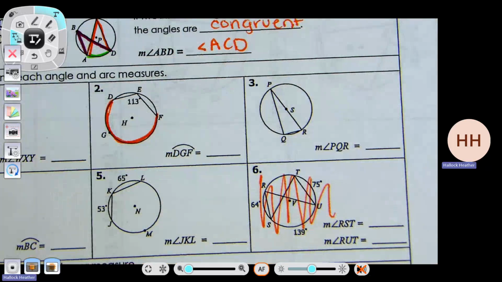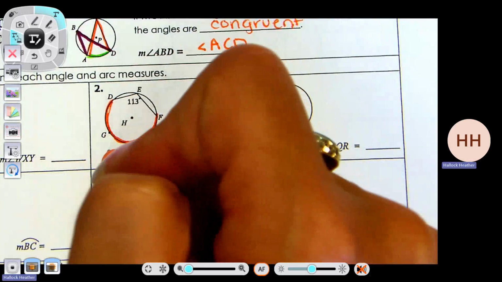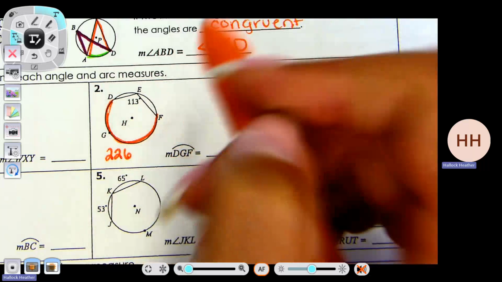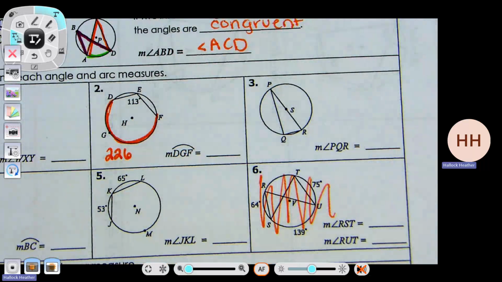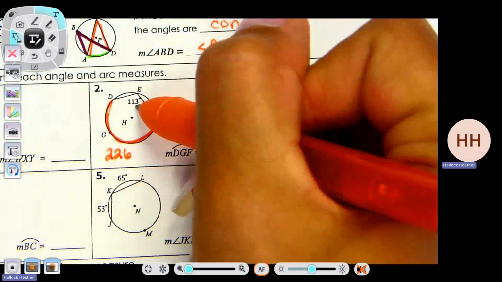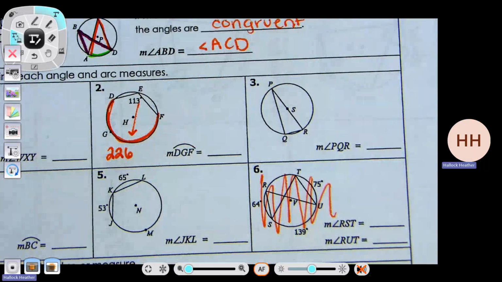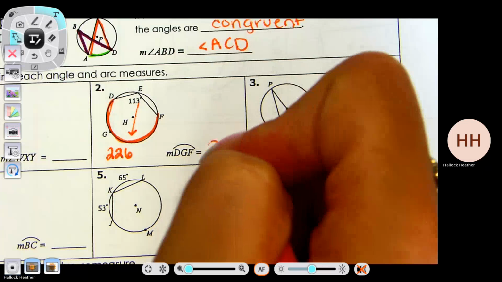Yeah, because what'd you do? Multiplied it by 2. So if you're given the angle, you're going out, you're getting bigger. So I'm going to multiply by 2. That's going to make 226. If I was given the arc, I would cut it in half to make the inside. So you're kind of thinking I'm multiplying by 2 to get to the outside. I'm dividing by 2 to get to the inside. So 226 is my answer.